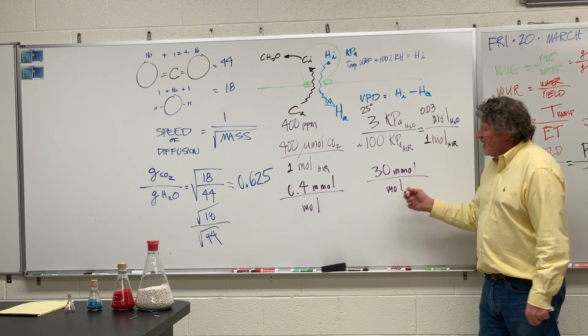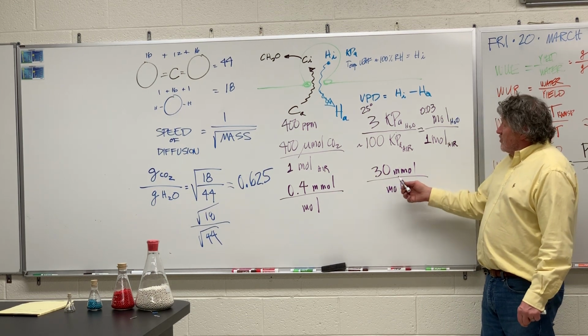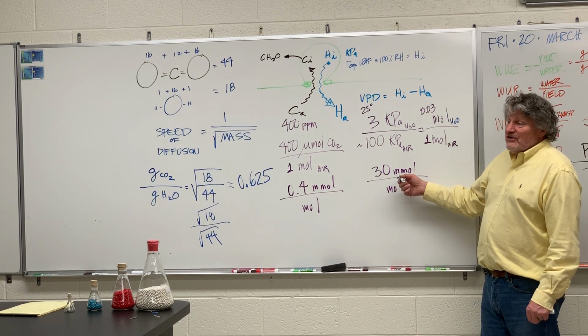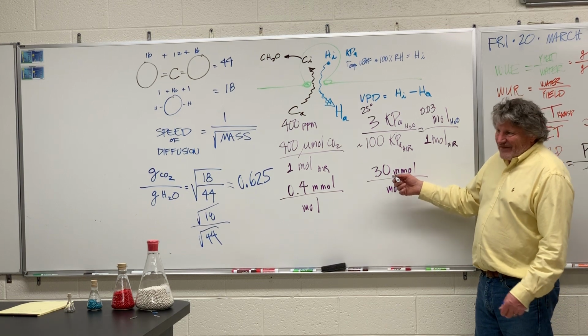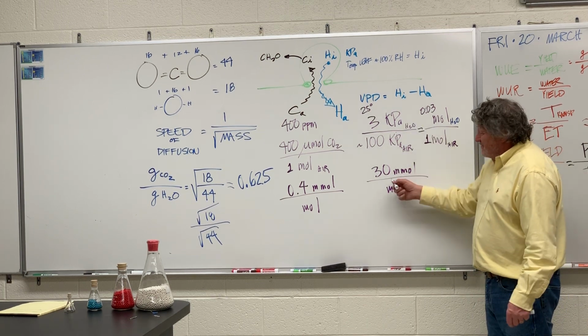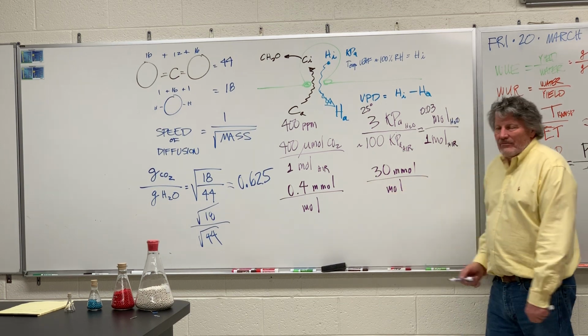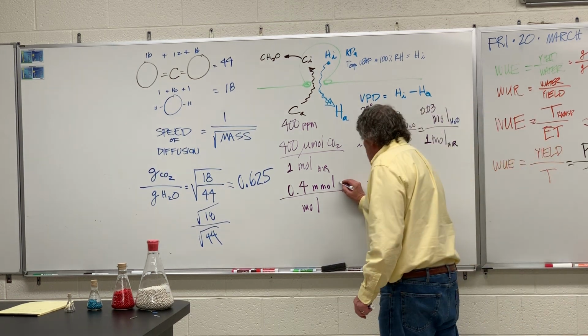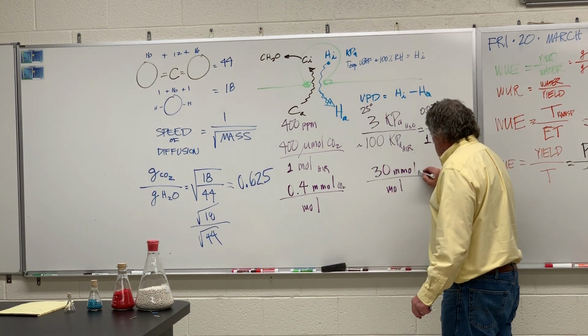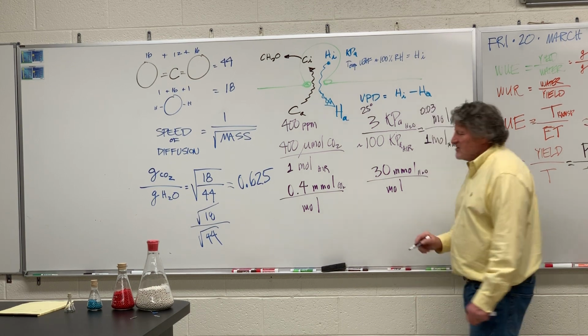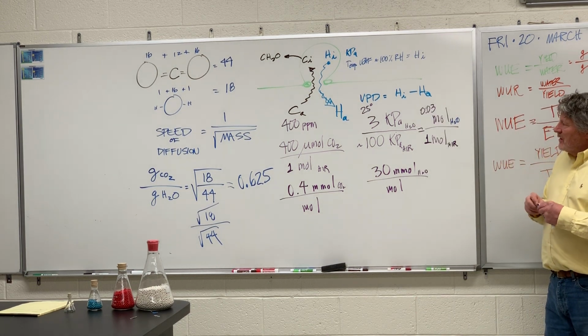air. It's not quite 100. This would be the case if it was 0% humidity. There's some humidity in the air, but you still get the point. This is CO2, and this is H2O on the exact same basis.